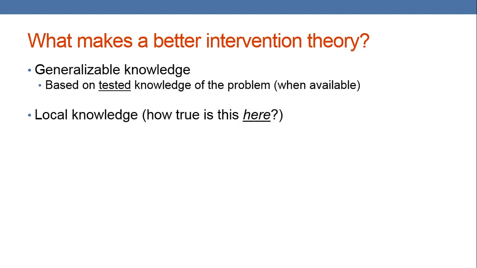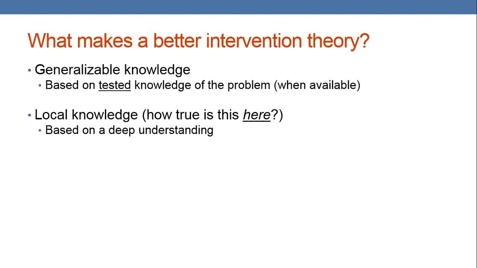And then the other really big topic to take on is local knowledge, and that is, how true is this knowledge in this particular location? And this is where quality improvement and process improvement folks really stand out. A good intervention is based on a deep understanding of the clinical setting or the local setting wherever the intervention is taking place.